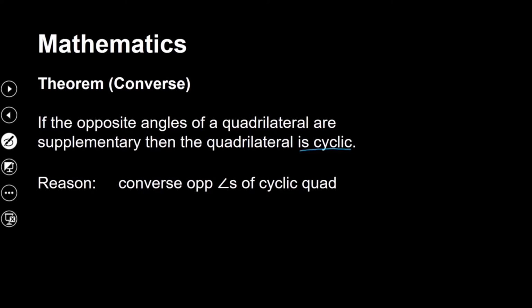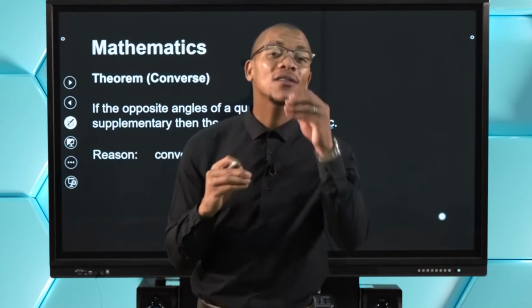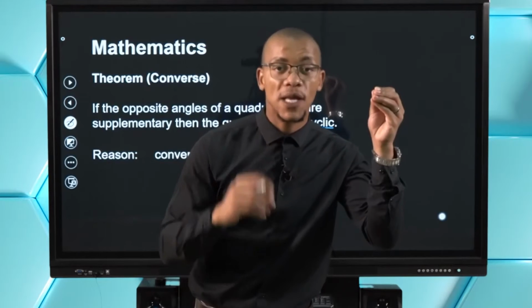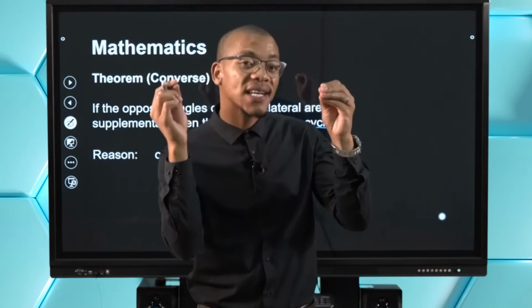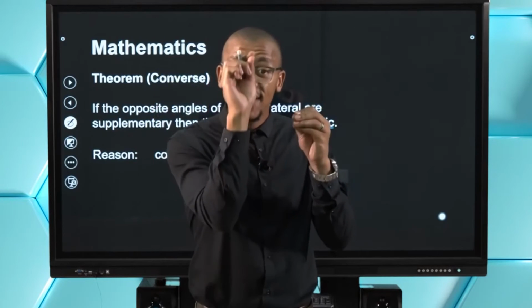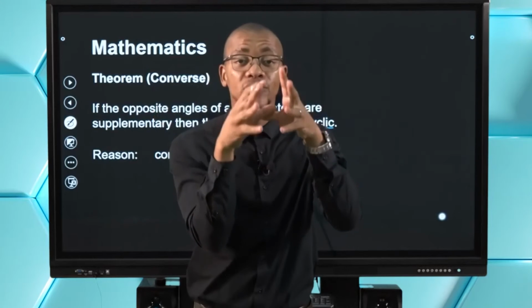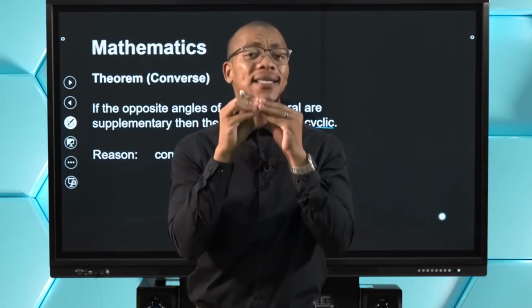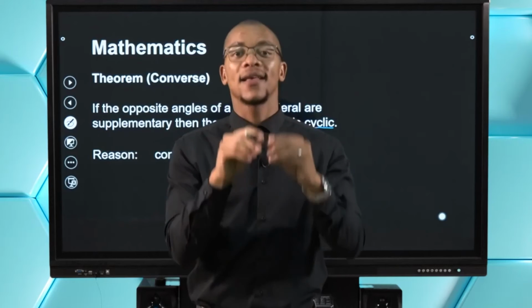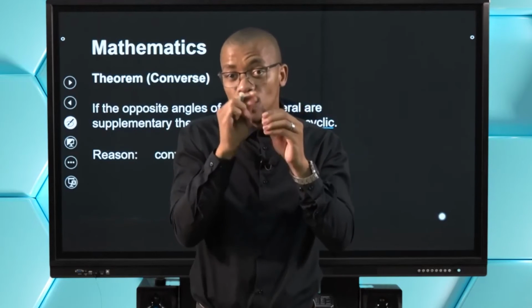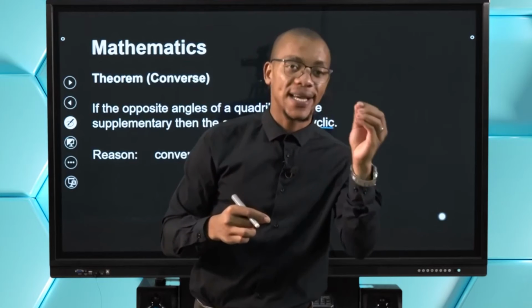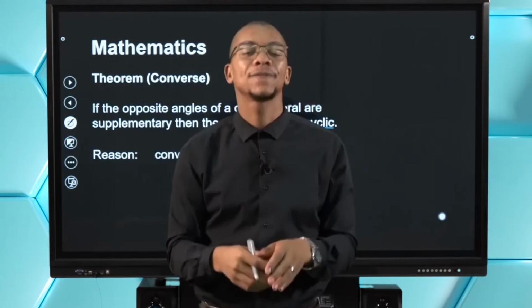Now let's talk about this. What am I trying to say? Converse is when I did not tell you that this is a cyclic quad. But if I add the angles that are opposite in that quadrilateral I had given you, and I find that it is equal to 180, then that qualifies that quadrilateral as a cyclic quadrilateral. I will repeat.